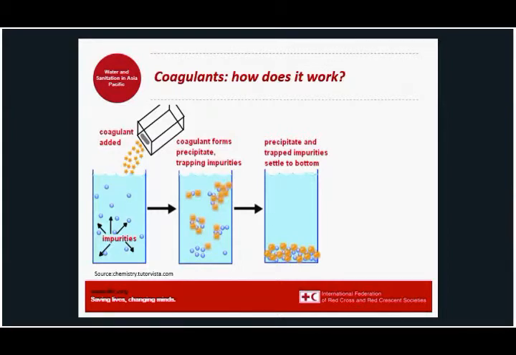The coagulant, which usually has an opposite charge to the solids suspended in the water, is added to neutralize the negative charge of dispersed non-settleable solids, such as clay or organic substances. Once the charge in the water is neutralized, the small suspended particles are capable of sticking together.